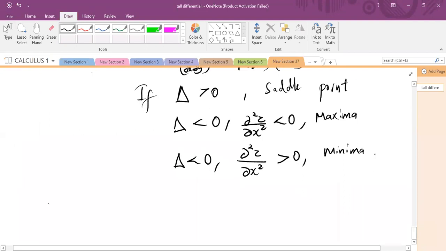So that's the procedure in order for you to determine whether a point is a maxima, minima, or a saddle point. Now I want us to take up an example and see how exactly we go about this particular example. Find the stationary points of the surface.